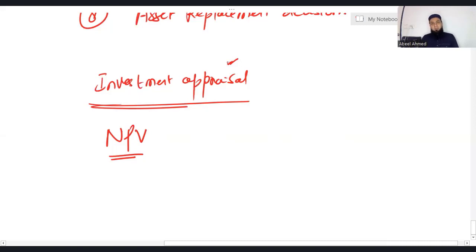If we have a single project in front of us, how do we make a decision? Simply, we are going to either accept or reject that project. But if you have 10 or 20 projects in front of you, and your organization needs to decide which project to opt for, and they want to opt for only one, then you need to choose between all the projects. If the NPV of a single project is positive, we will accept.